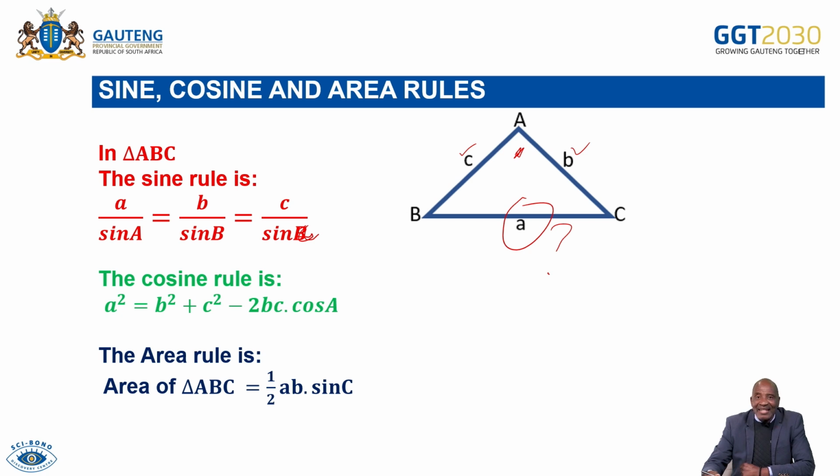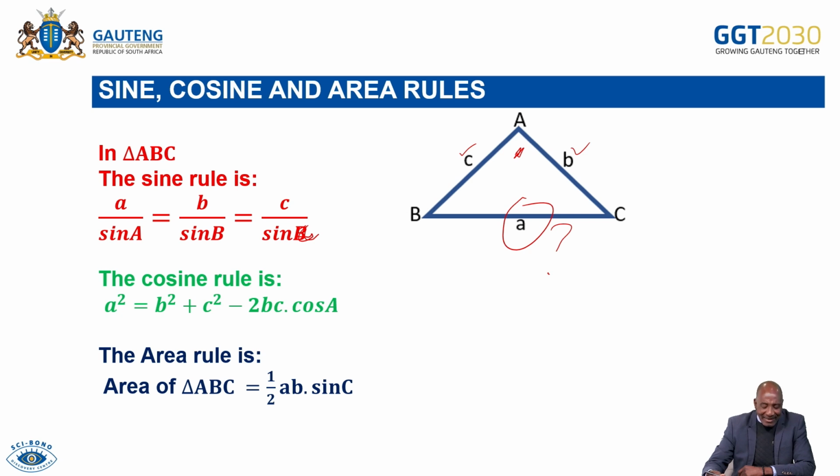As you can see, this triangle does not have a perpendicular height, neither am I going to drop one and find its length. There is a sufficient formula that allows us to find the area of any given triangle, whether we have a 90-degree angle or it's a non-right angled triangle. We can still find the area of that triangle.